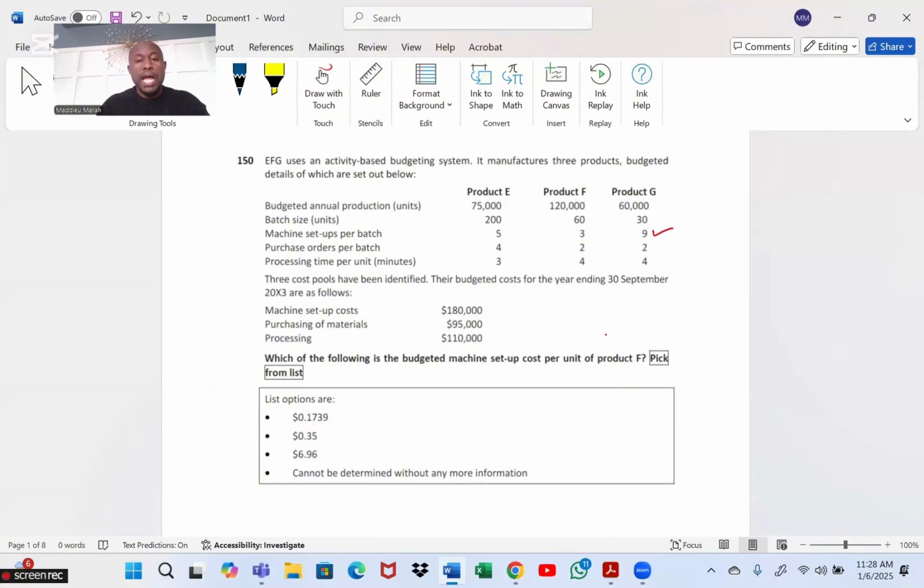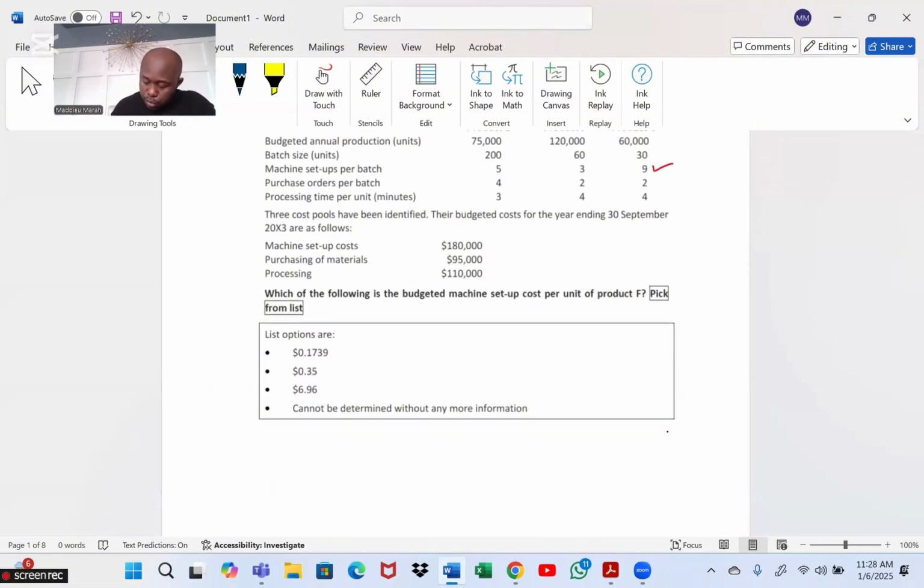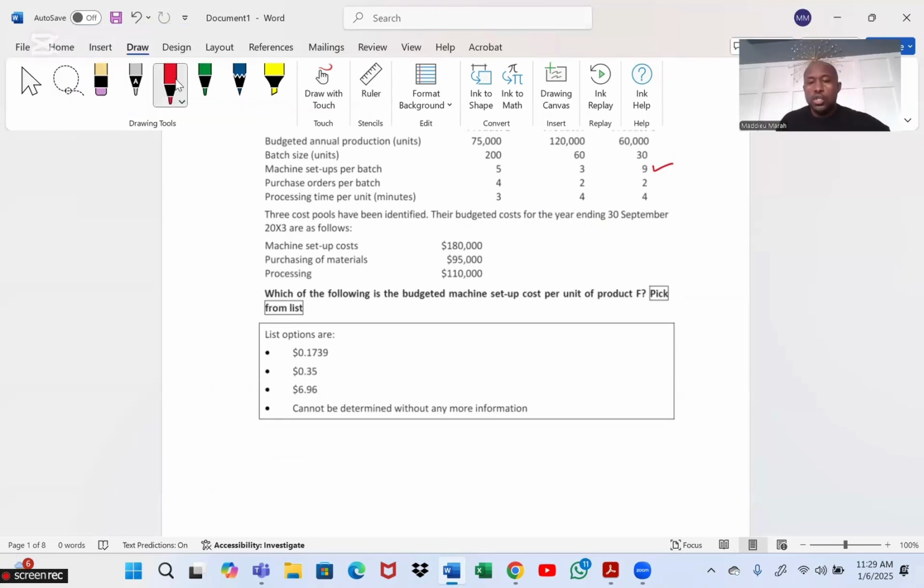All right. So now what we do, we first try to convert to the machine setup cost per batch. So we have the budgeted annual production in units and the batch size. So for E, F, and G, we bring our budgeted annual production and our batch size.